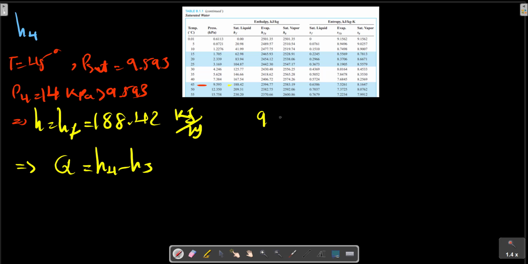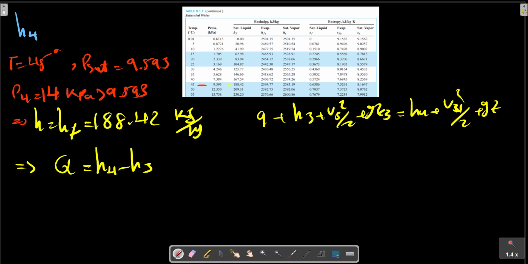It can also be obtained from H4 plus g Z4, with W equals 0.